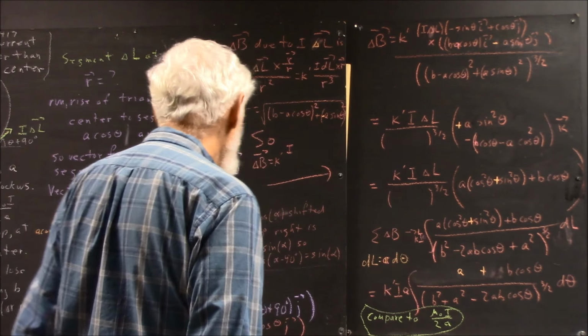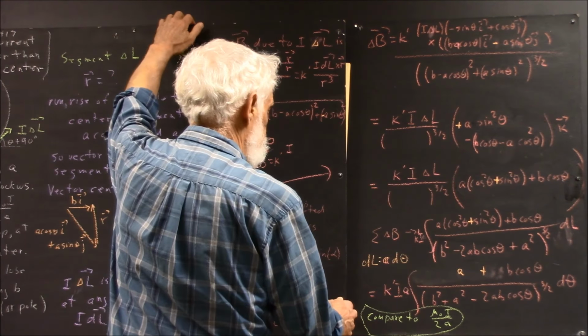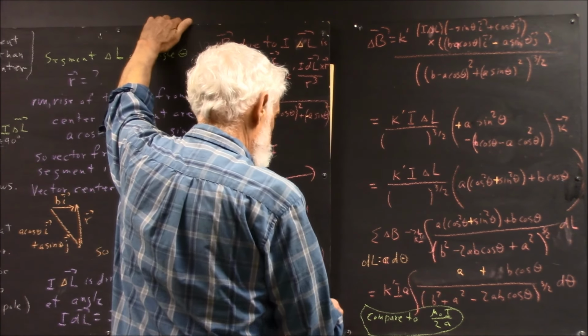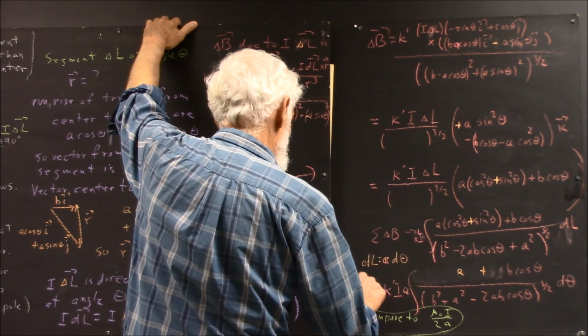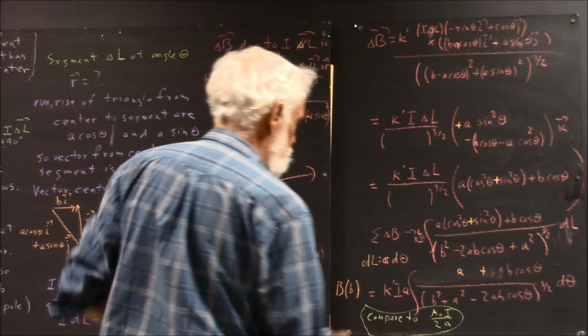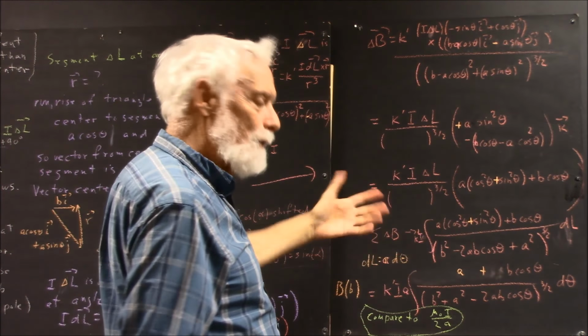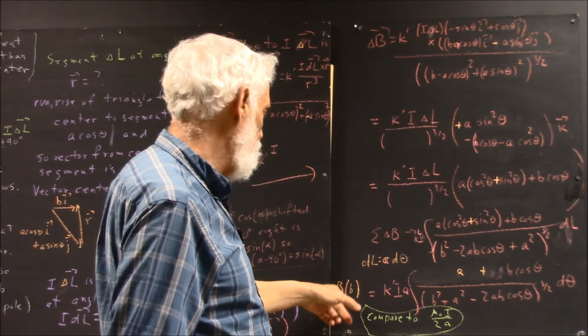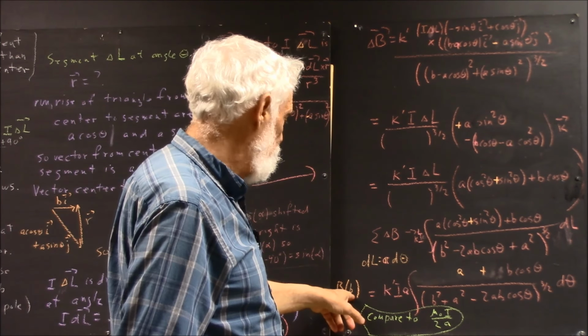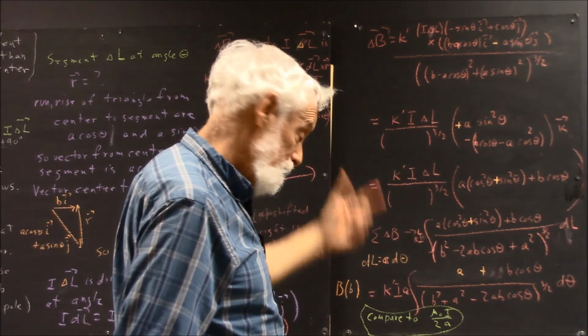And I'm going to call this, now I kind of had an unfortunate choice of distance from the center. A was the radius, so I'm going to let little b be the distance to the center, but now I got magnetic field B as a function of little b, so I got B of b.